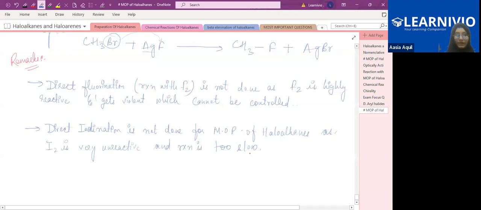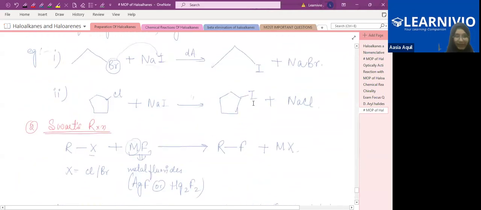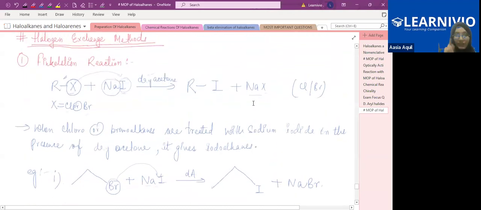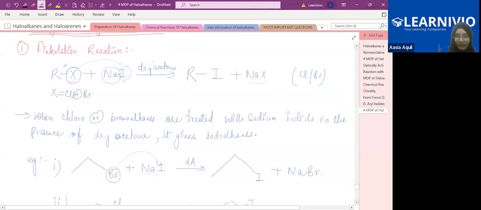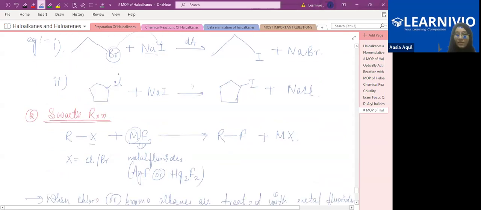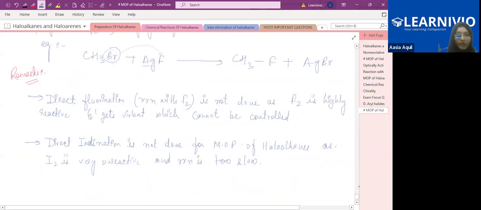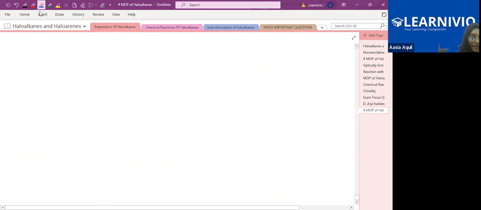Okay, so one more reaction is left. These are the two halogen exchange methods. The first one was the Finkelstein reaction, a preparative method of iodoalkane, and the reagent is sodium iodide with dry acetone. The Swartz reaction is a preparatory method of fluoroalkane, and we use metal fluoride as the reagent. The third reaction is the Hunsdiecker reaction, which we will discuss in the next class.